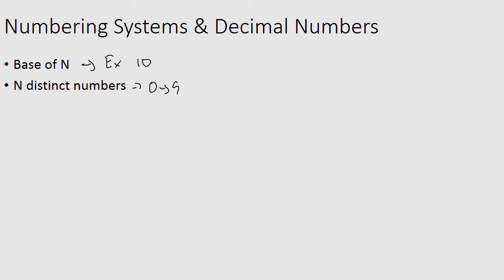And with all numbering systems, we start with the rightmost number, and the rightmost number is n to the 0th power.